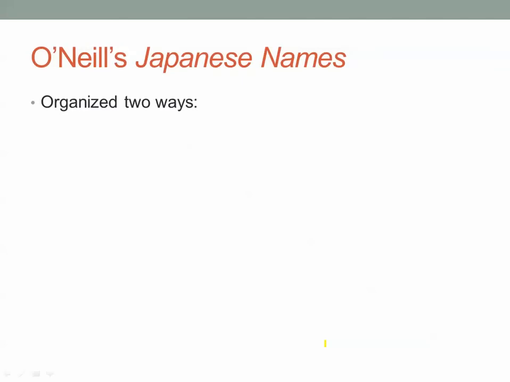Okay, so let's look a little more closely at O'Neill's Japanese Names so that you understand what it is. It's organized in two big sections, front and back. The first part is organized from the kanji to the reading. So if you're looking at a kanji and you don't know how to read it, you can look it up and find assorted possible readings.